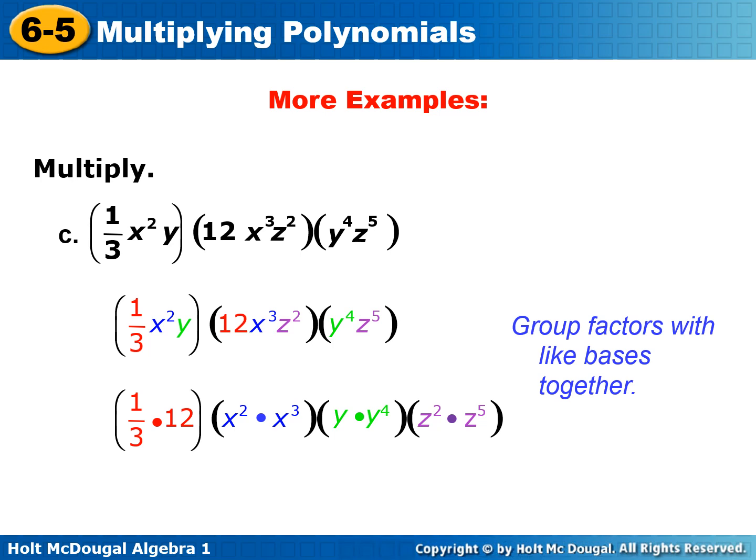So 1/3 times 12, and then we have here the x squared from the first monomial. Then we also get the x to the power of 3 from the second monomial, and the y also from the first monomial, and the y to the power of 4 from the third monomial, and z squared from the second monomial, and z to the power of 5 from the third monomial.